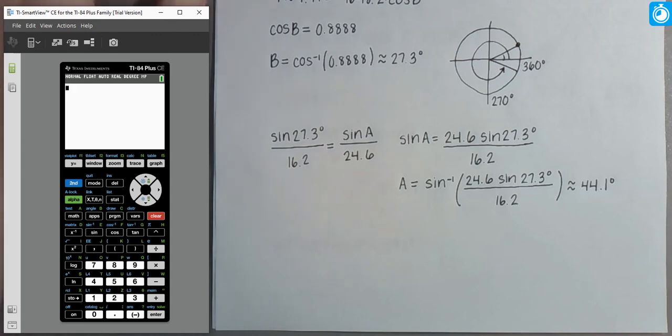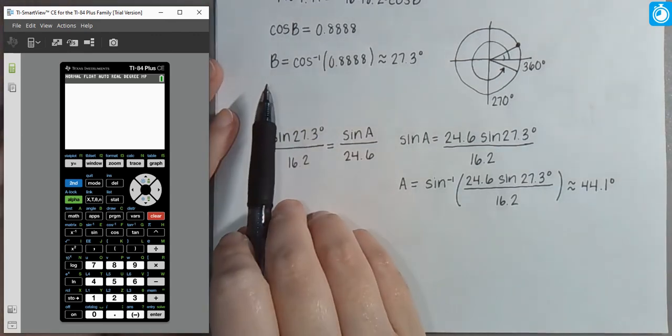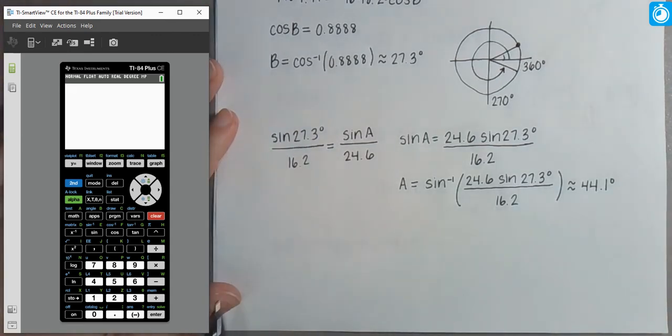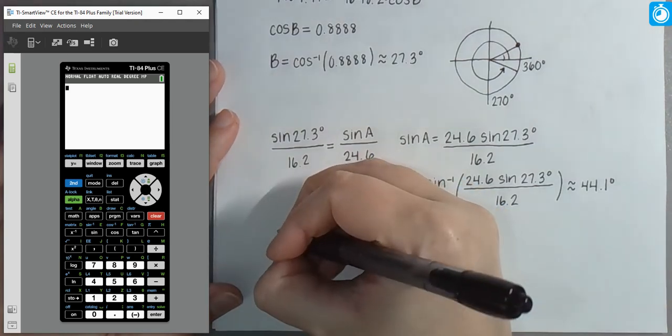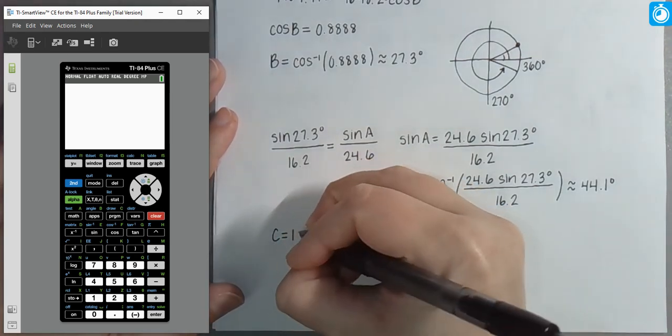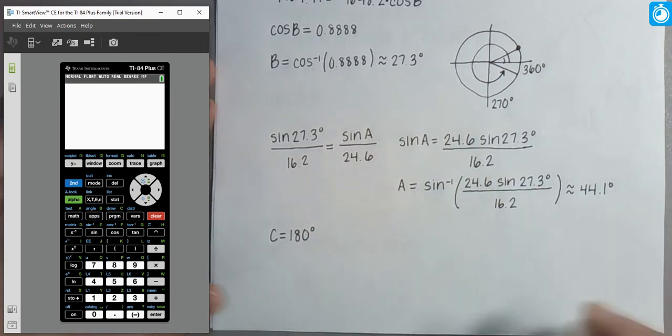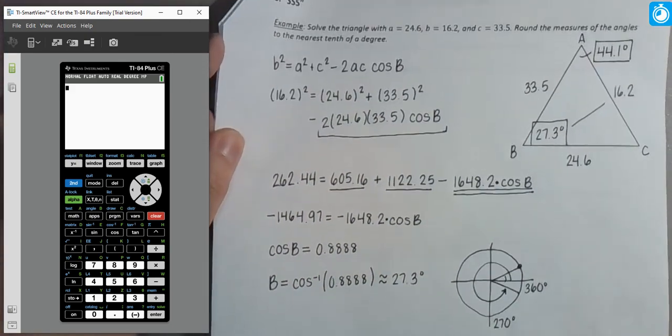So now that we have those two angles, we can solve for angle C directly. So C is going to be 180 degrees minus the two angles I already know.